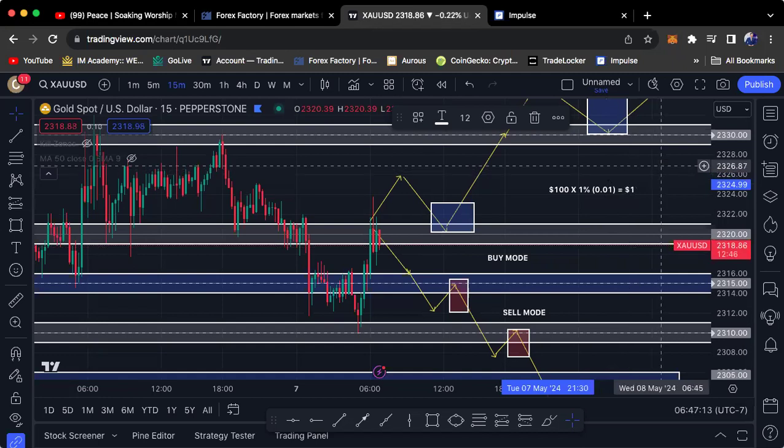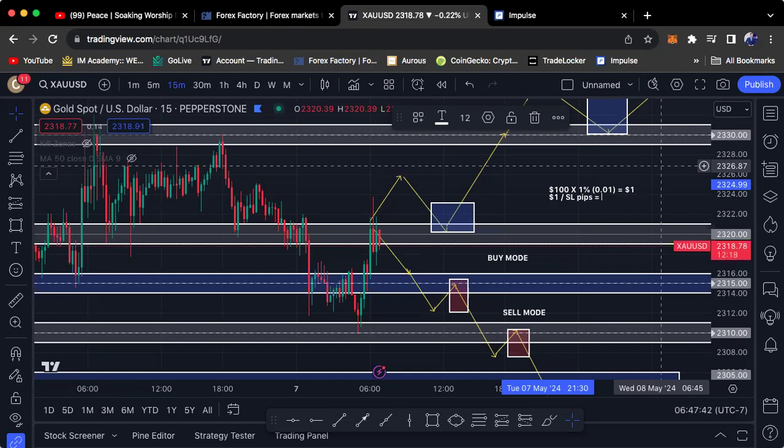Now you take that $1 and divide it by the number of pips, your stop loss pips. My sweet spot is 50 pips.